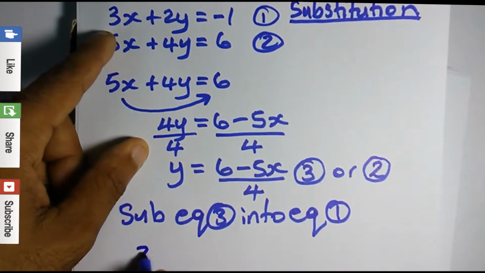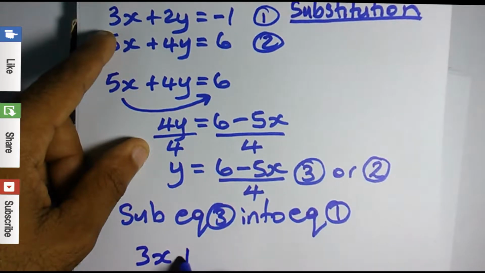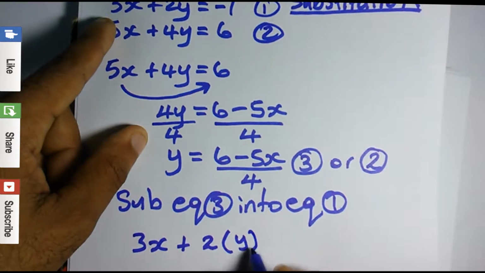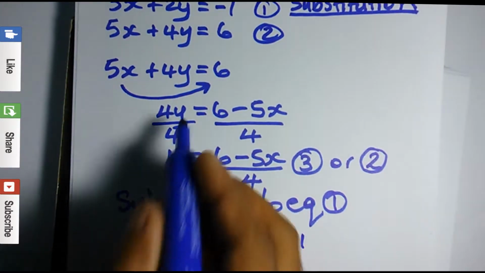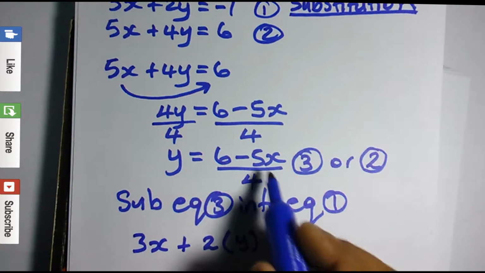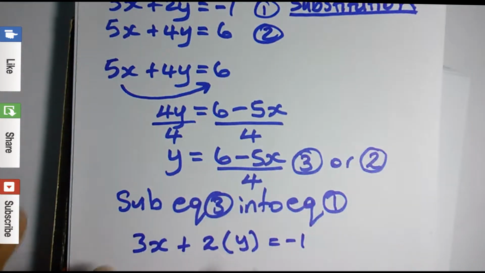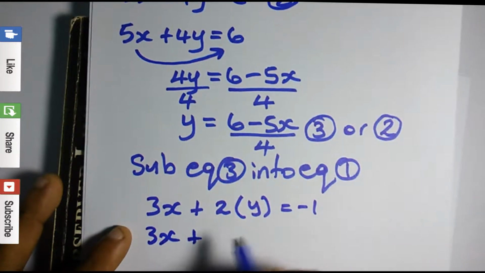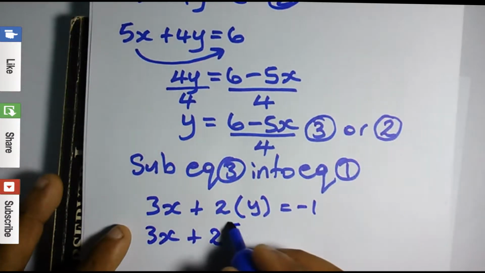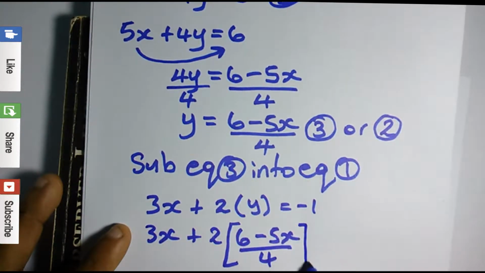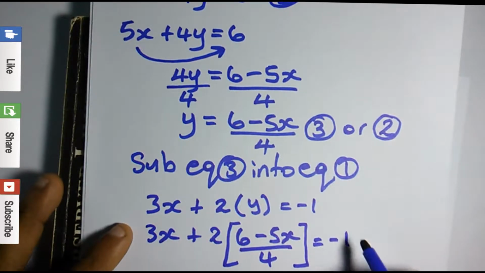So I have 3x plus 2y equals -1. Remember, y is equal to 6 minus 5x, all divided by 4. So I'm going to rewrite: 3x plus 2 times (6 minus 5x) over 4 equals -1.